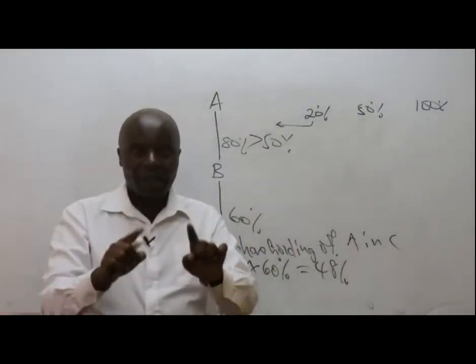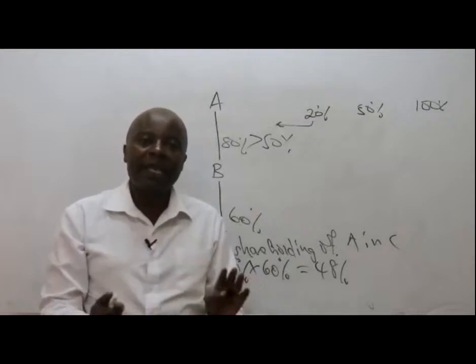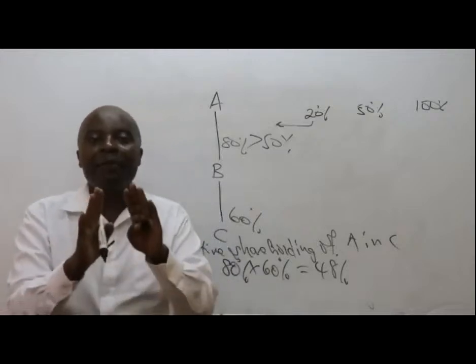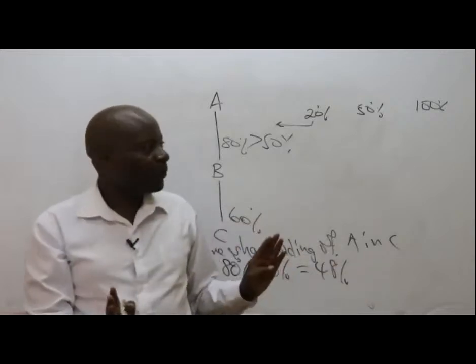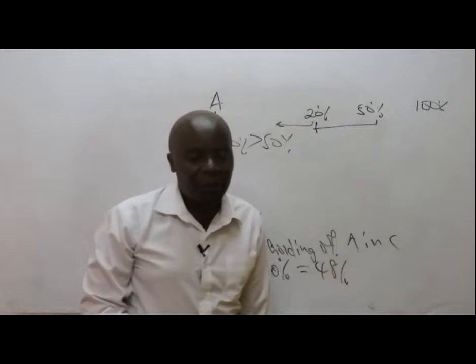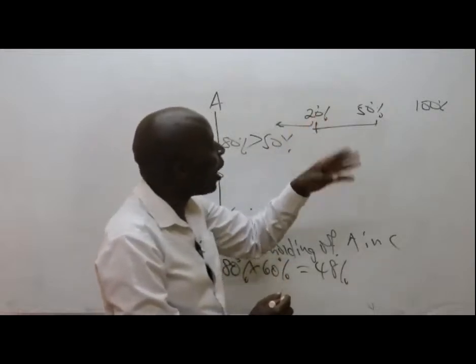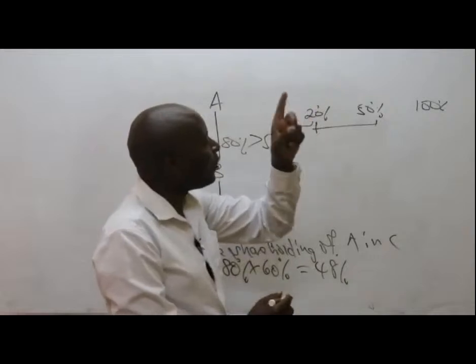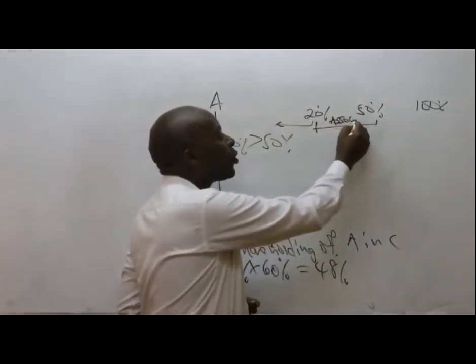When we have shareholding in a company which is less than 20%, that is a mere investment, and mere investments can never be consolidated. Now, between 20% and 50%, that is 20.001 all the way to 49.99, in between here, we'll have what we call an associate.